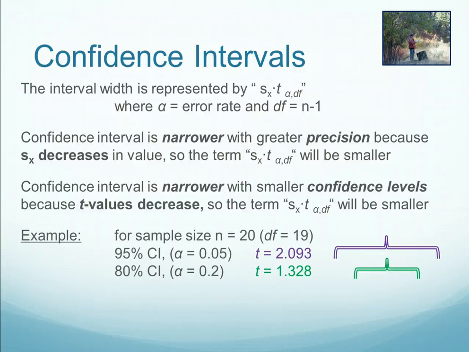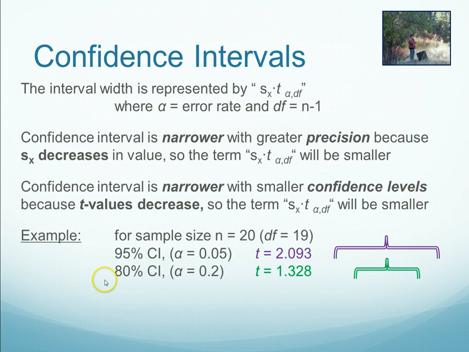Let's look at an example. In this case, we have a sample size of 20, so the degrees of freedom is 19, and for a 95% confidence interval, that's an error rate of 0.05, the t-value is 2.093.